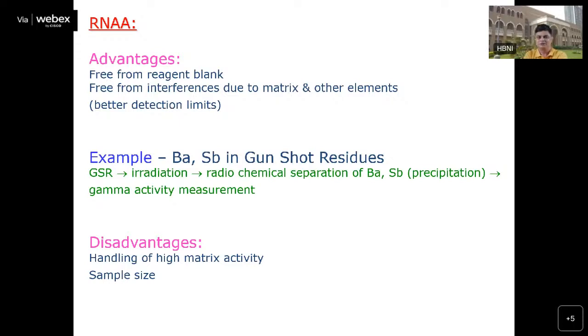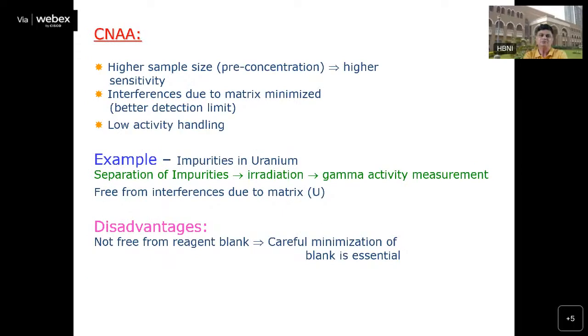And what are the disadvantages in the case of radiochemical neutron activation analysis? Again, the handling of high matrix activity, and the sample size is also an issue here. Similarly, for chemical neutron activation analysis, where we do the chemistry before the neutron activation, we can use a high sample size and pre-concentration, giving very high sensitivity.